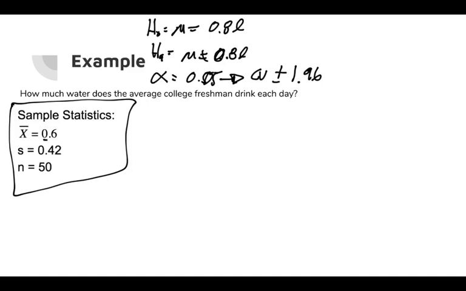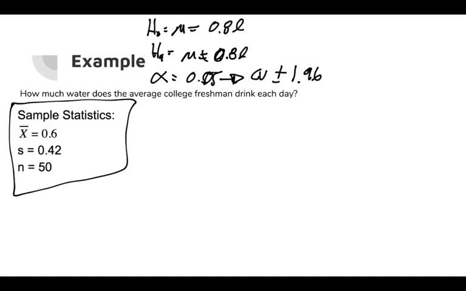Because look, the sample average is not 0.8. Well, that's the whole point of all this, right? We want to test this sample to see if it's a legitimate sample, or a sample that's at least close to what the actual population is.